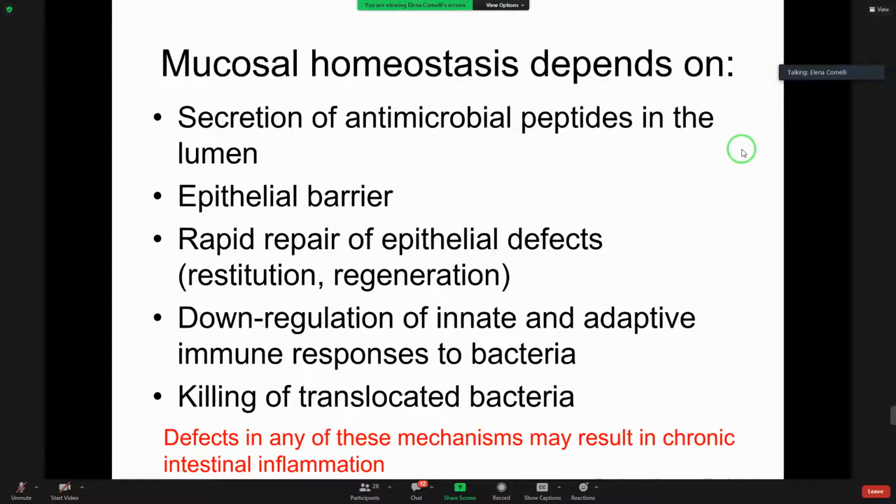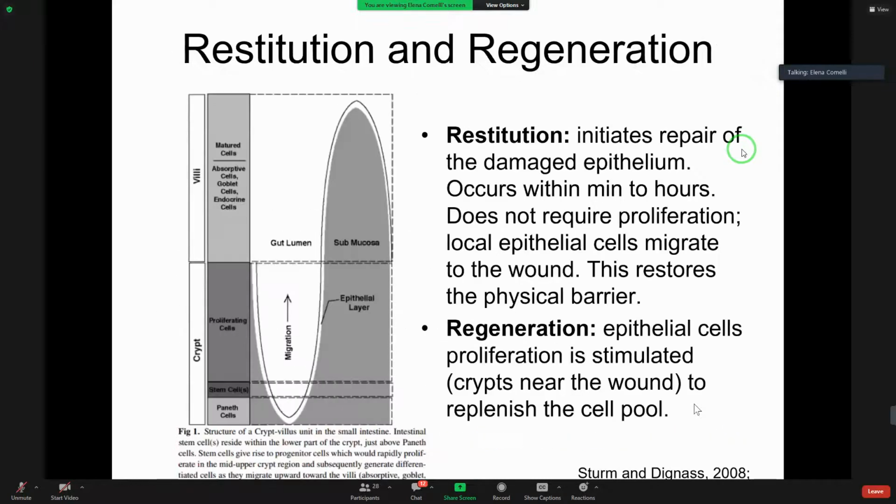And for those who are interested, just because we never really mentioned restitution and regeneration, I have added this slide that explains a little bit what these are.